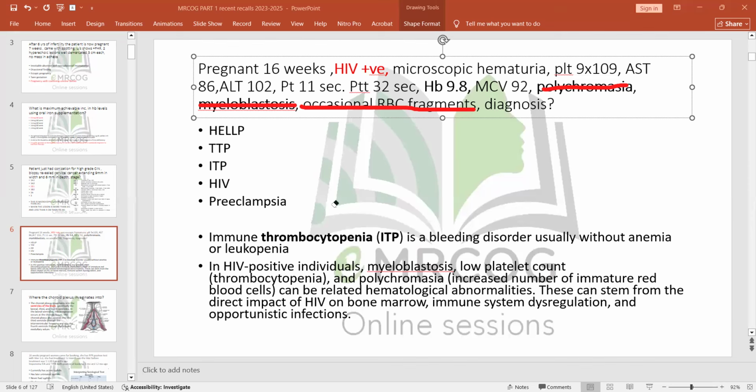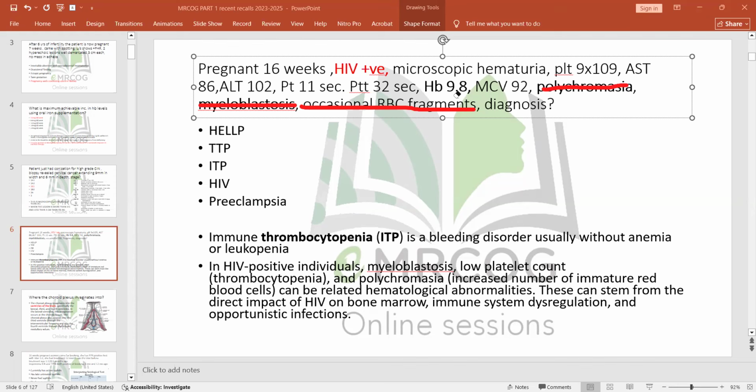Preeclampsia. Where is the blood pressure? How would I diagnose preeclampsia without high blood pressure? Is it HELLP? HELLP is hemolysis. Okay, I have hemolysis. And elevated liver enzymes. Okay, I have elevated liver enzymes.